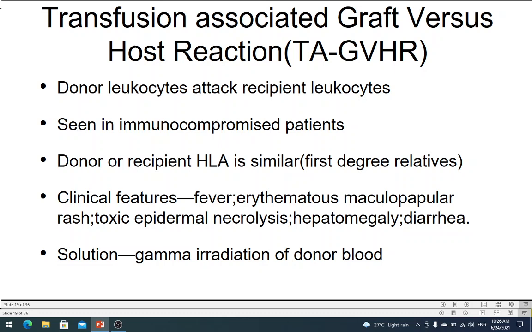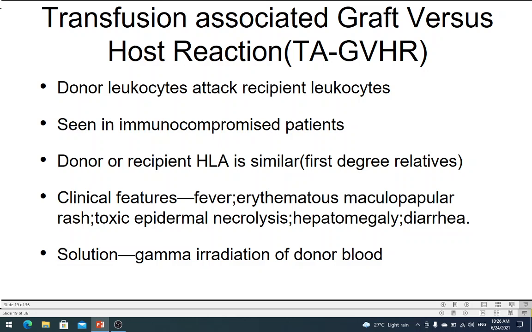There is a difference, but almost similar, not identical. So this is usually when the donor is a first degree relative. All of you know who first degree relatives are, isn't it? So when a first degree relative donates blood, if the HLAs are similar but not completely compatible, you get a graft versus host reaction.